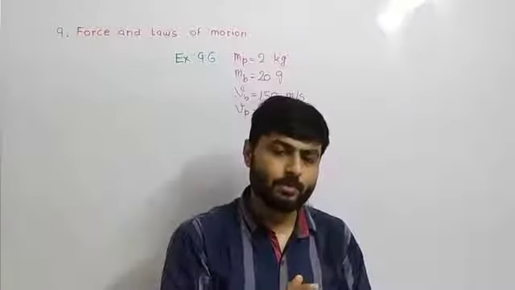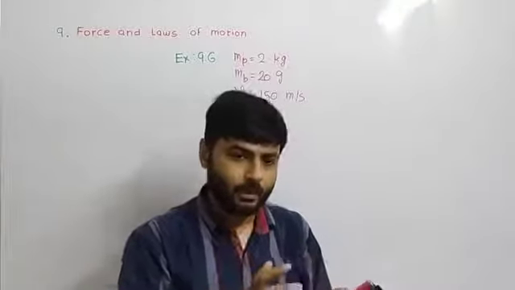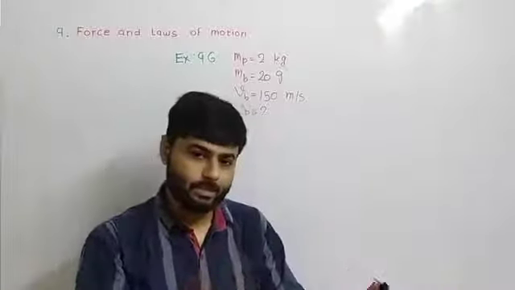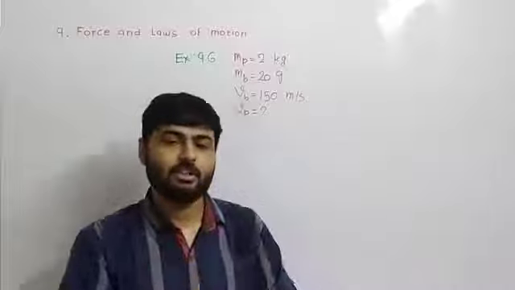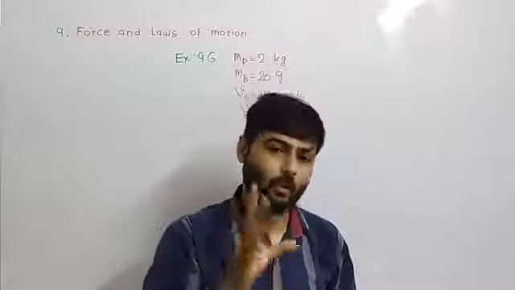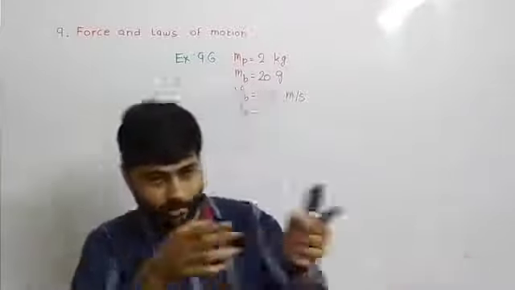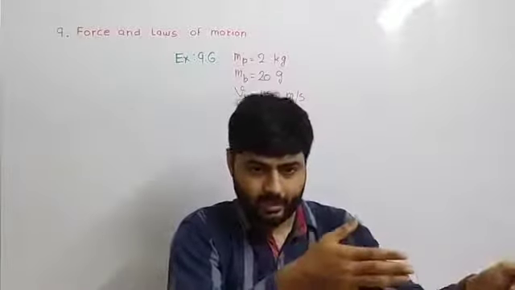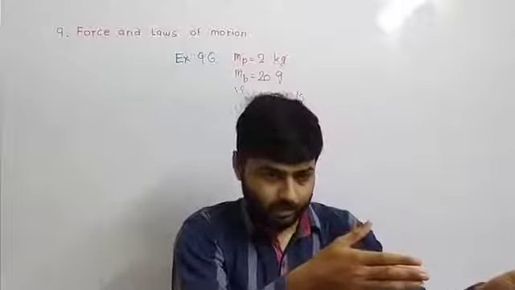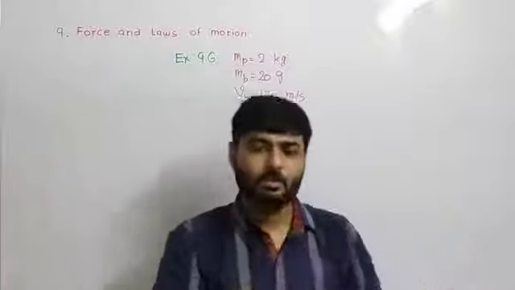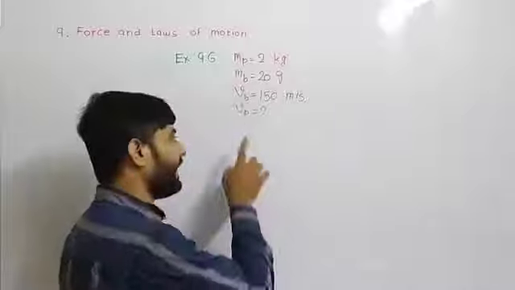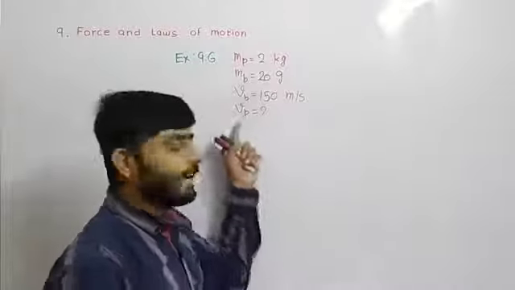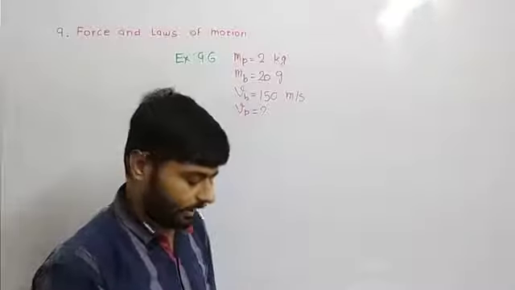This force exerted by the bullet on the pistol is called recoil force. And there is some velocity by which the gun moves in the backward direction. This velocity is known as recoil velocity. So here we have to find this recoil velocity.